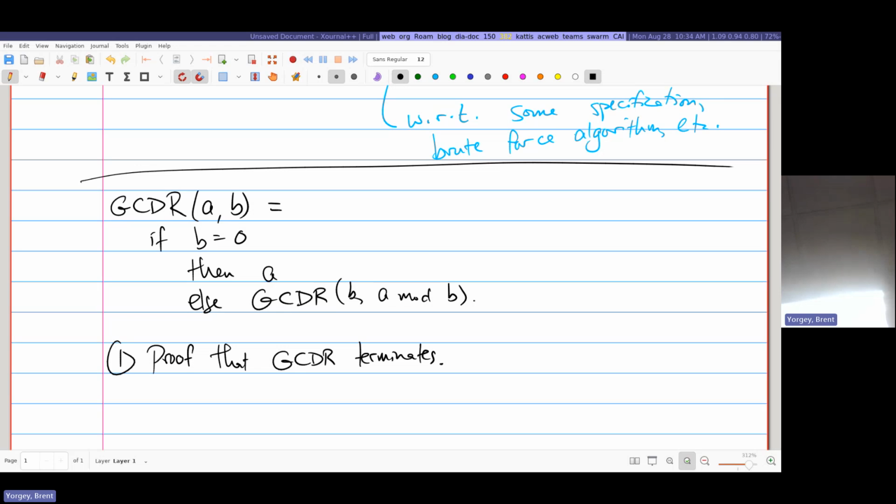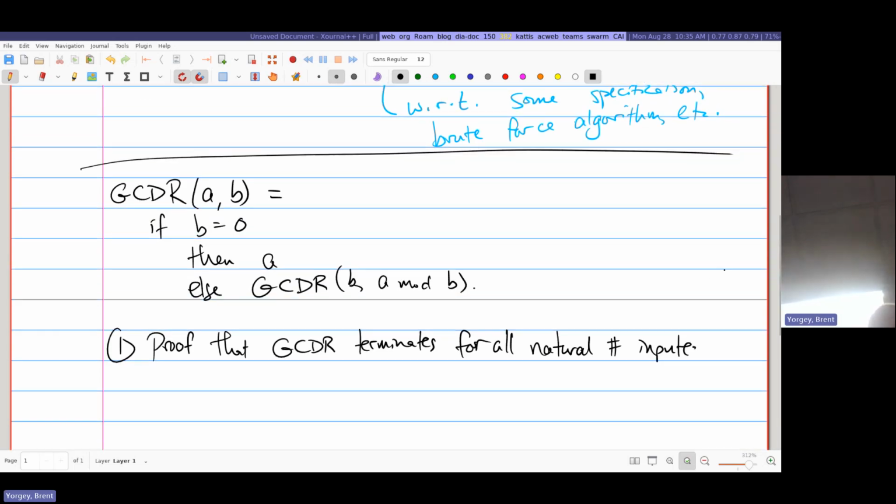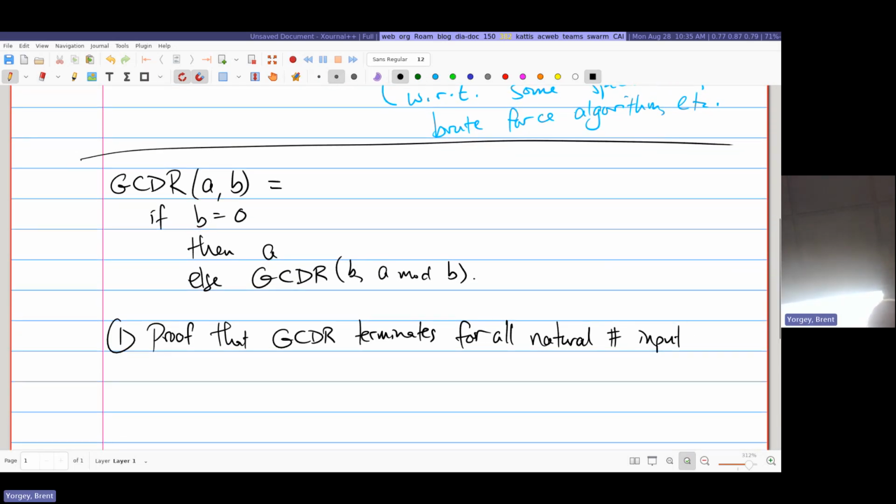So let's say it terminates for all natural number inputs. You can certainly make sure this algorithm works also for negatives. That's not necessarily a problem. It just doesn't really add anything to our discussion, so we're just going to stick with the simpler natural numbers.